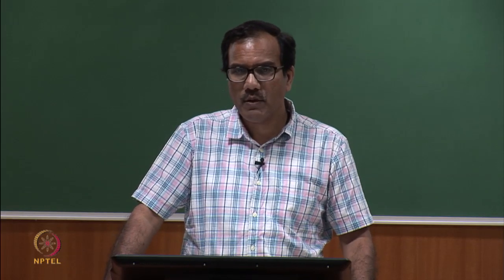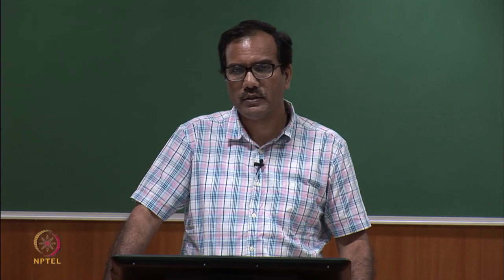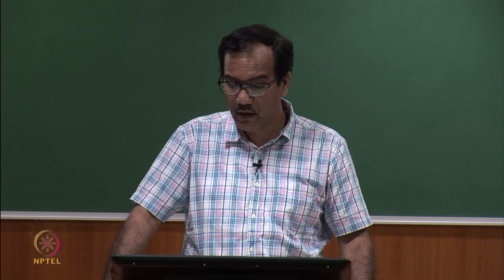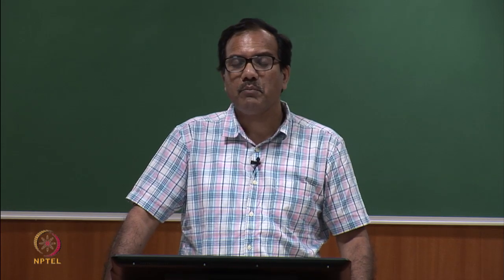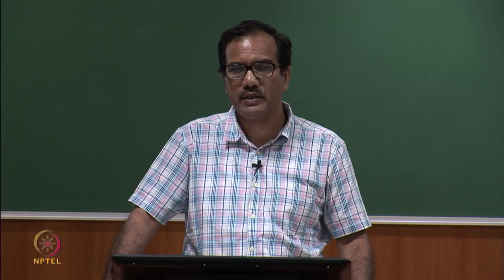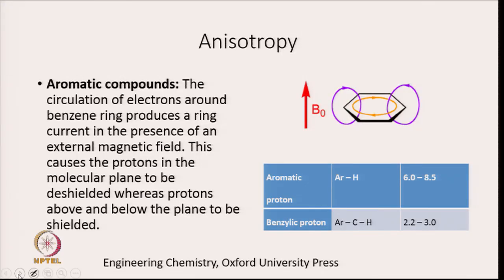So, we discussed the substitution effect on proton chemical shift of the benzene ring, but the very high chemical shift value cannot be explained only based on electronegativity. The value of chemical shift can be explained on the basis of anisotropy. The circulation of electrons around the benzene ring produces a ring current in the presence of an external magnetic field.